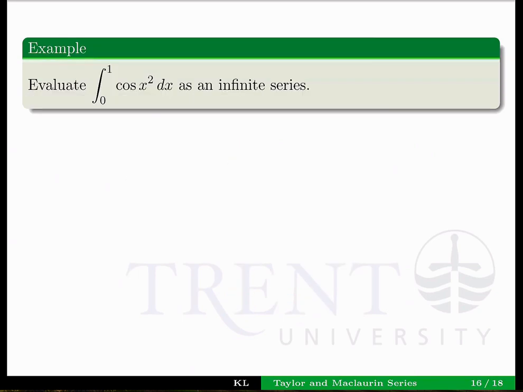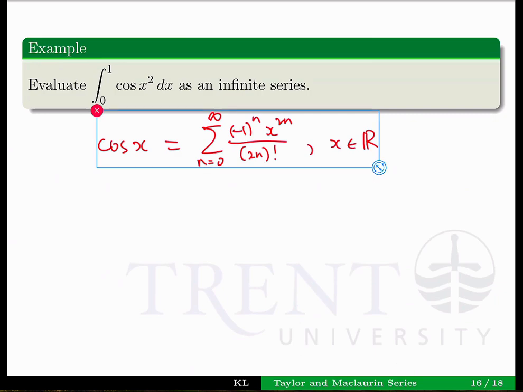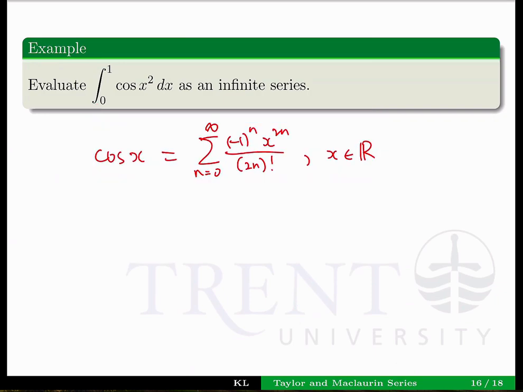Here, evaluate the integral from 0 to 1 of cosine x squared as an infinite series. Let us recall cosine x. This means that your cosine x squared is the sum, negative 1 to the n, x squared raised to 2n over 2n factorial, from 0 to plus infinity.